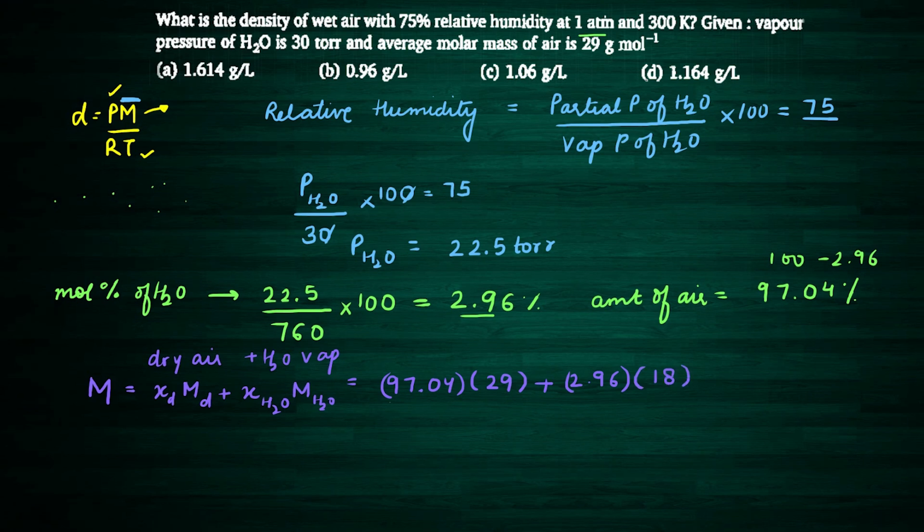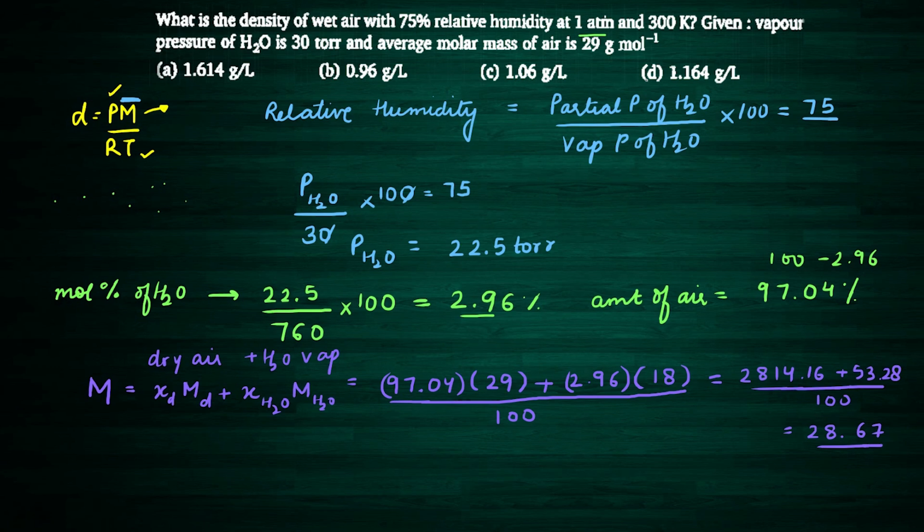Since 97.04 and 2.96 were in percentages, there'll be a divided by 100 term over here. When you solve this, you get 2814.16 plus 53.28 divided by 100, and this gives us 28.67 as the molecular mass.